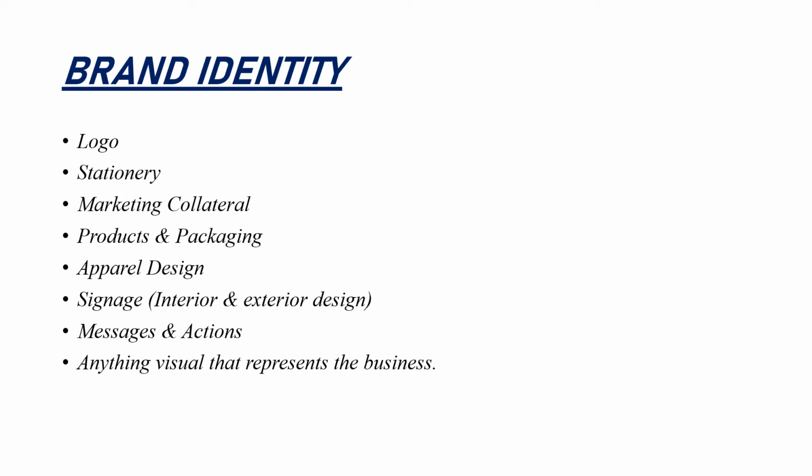Logo, stationery like business card, envelopes, marketing collaterals. For example, websites, books, flyers, products sold and the packaging in which they come in, tangible clothing items that are worn by employees, signage, messages conveyed with direct or indirect modes of communication, anything visual that represents the business.